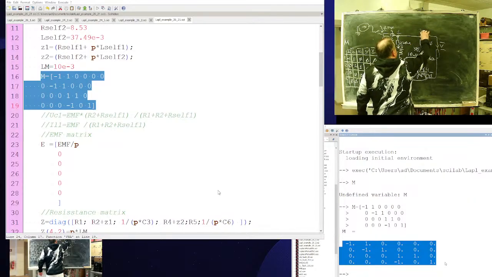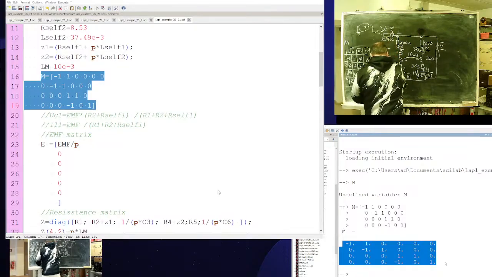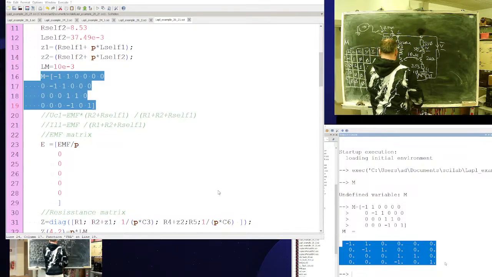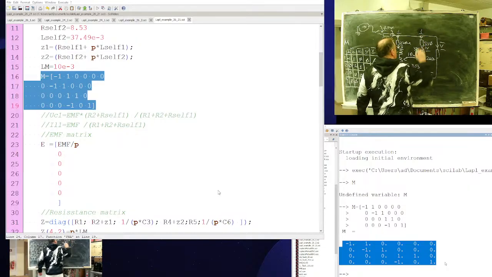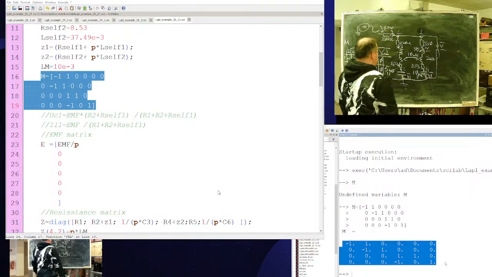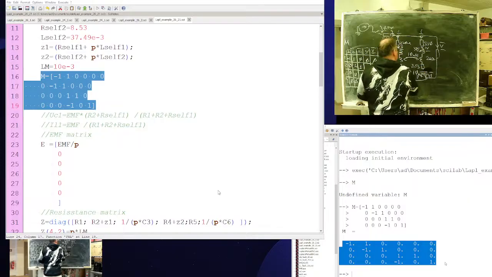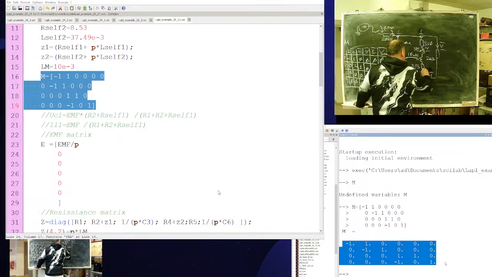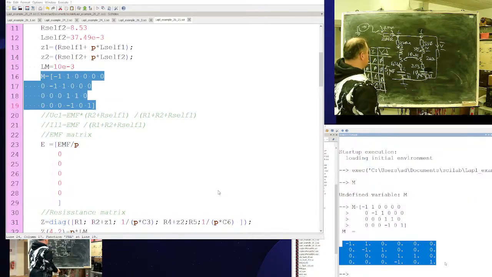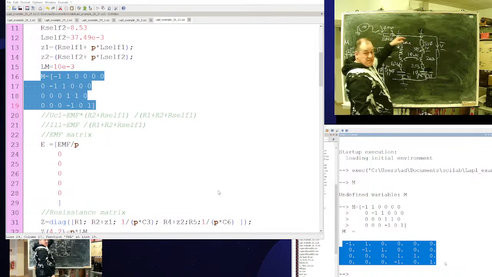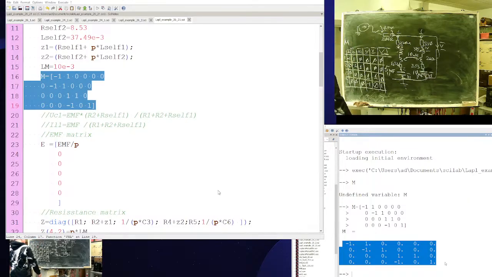I don't have resistance here. It's the same one. It's a stupid mistake. What was the mistake? Yeah, because this resistance is 0. It's a mistake.